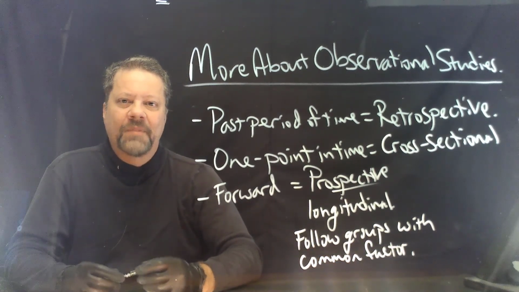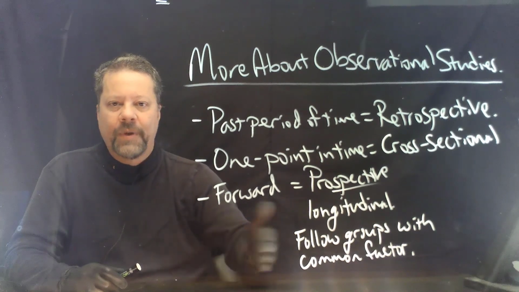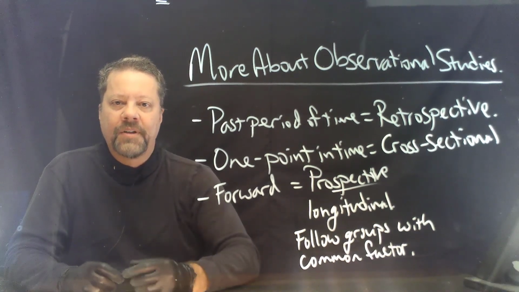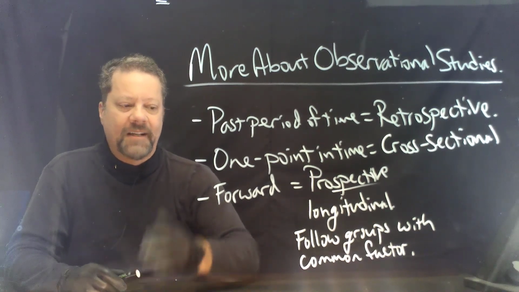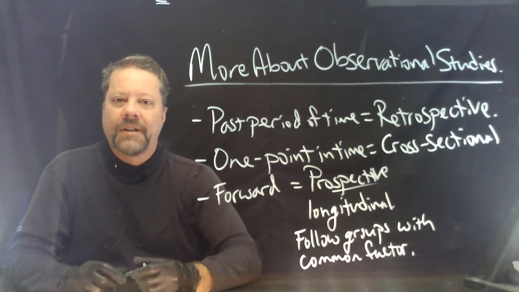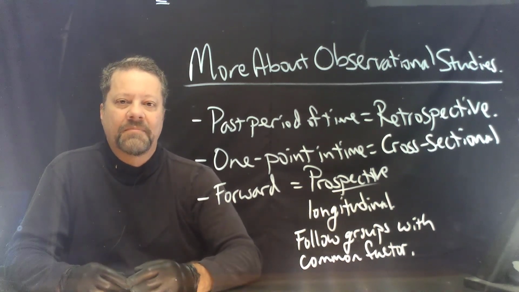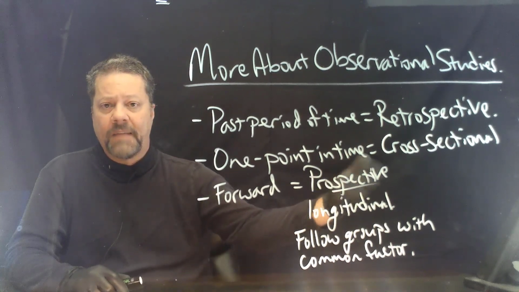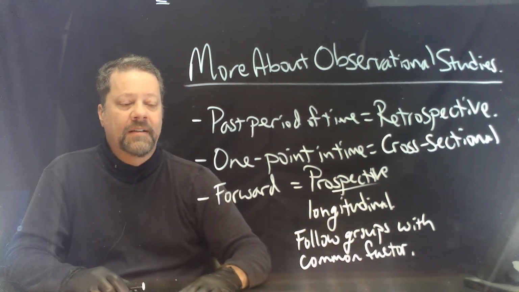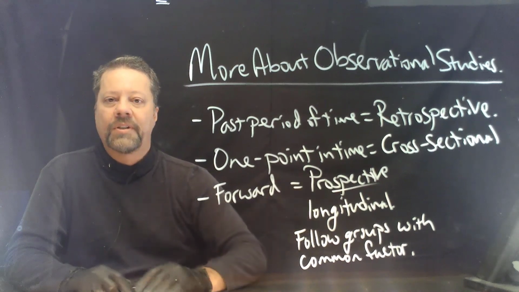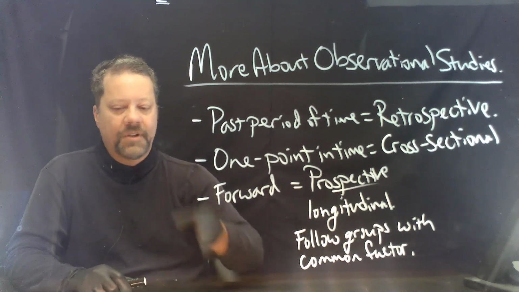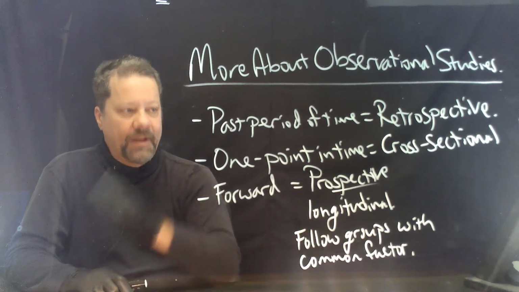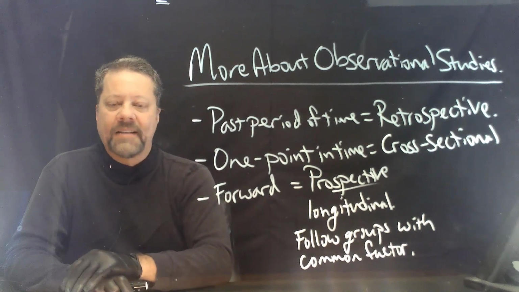For example, we might follow over the course of 20 years groups of children who took the rubella vaccine, follow them into adulthood, and see their outcomes. Such a study that takes place over a long period of time, a period of years, is a longitudinal study, whereas if you just look at what happens at a particular point in time, that's a cross-sectional study.